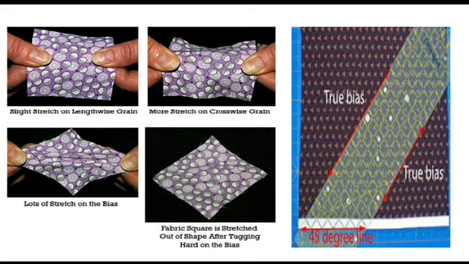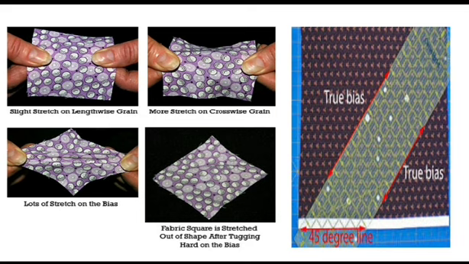The bias direction we always use to finish necklines like curved lines, neckline, armhole and trimmings. For that you can use bias pieces. Other than that, for construction you always consider the grain only. You have to go for lengthwise and crosswise grain only. You don't go for the bias direction. Okay.